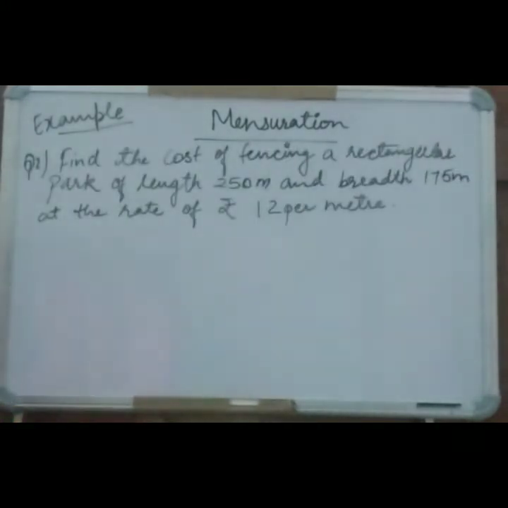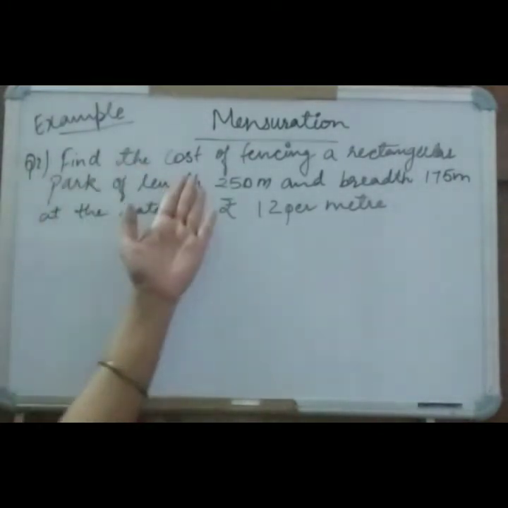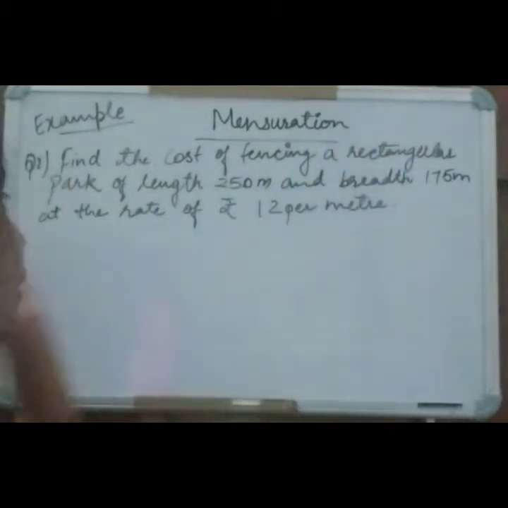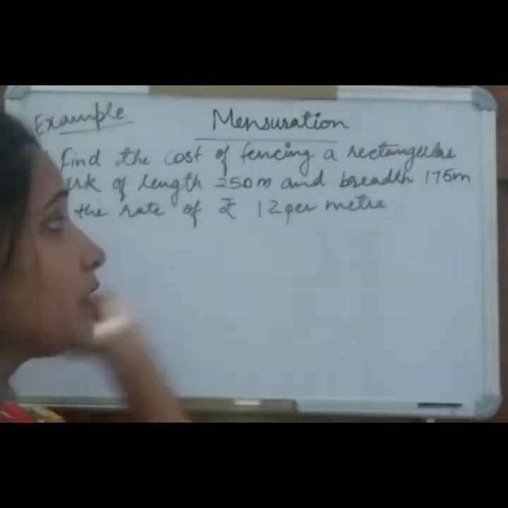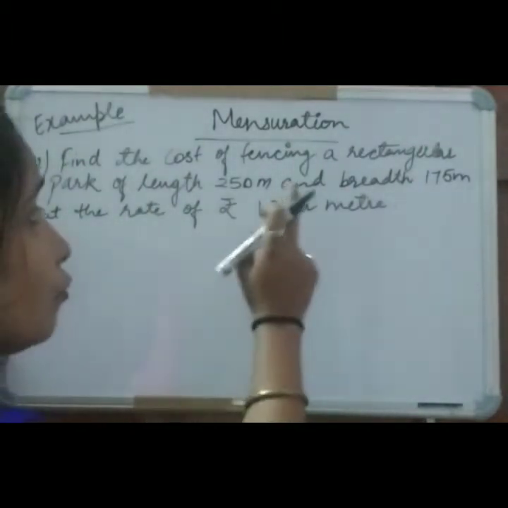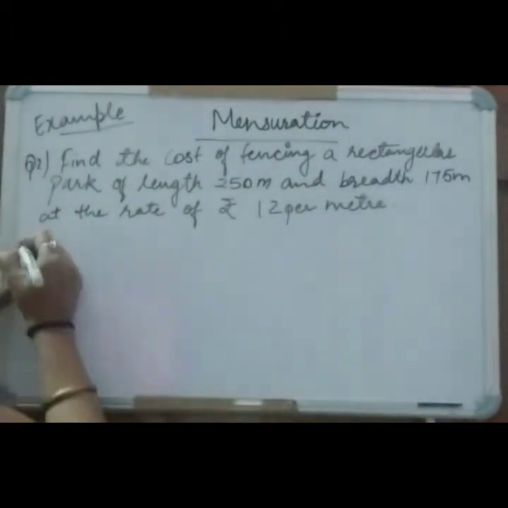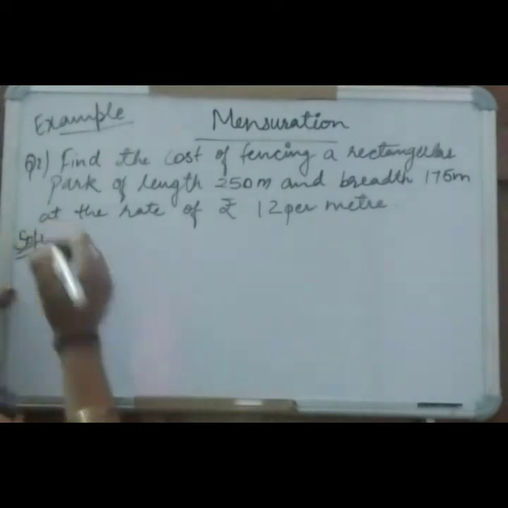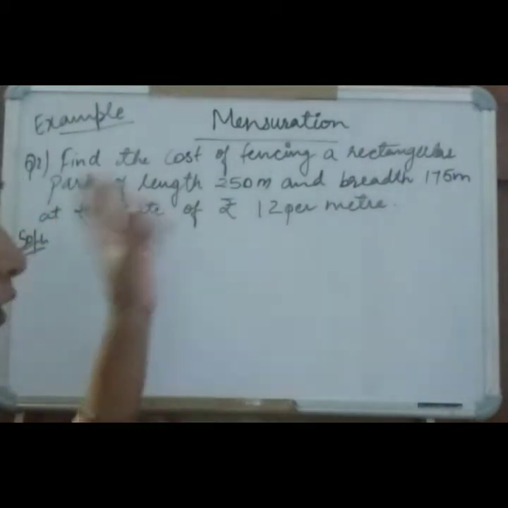Now see the next one. Find the cost of fencing a rectangular park of length 250 meter and breadth 175 meter at the rate of 12 rupees per meter. So first of all, in these types of questions, we write what is given.